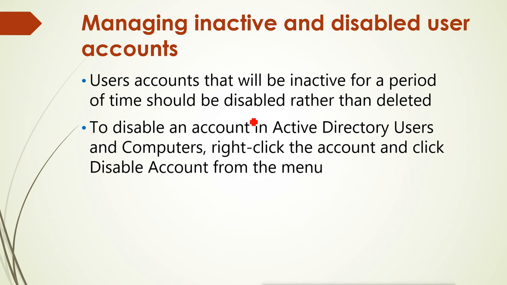Suppose the next time the user comes back and says I want to use that account with all those access permissions. It will be difficult for us to find which resources the user had permissions on. So it is a good idea to disable the account rather than deleting it. To disable the account, we can do it directly from Active Directory Users and Computers.